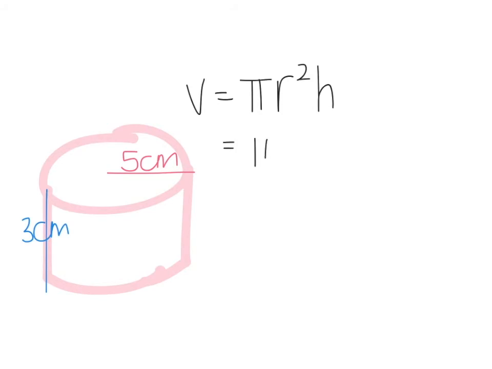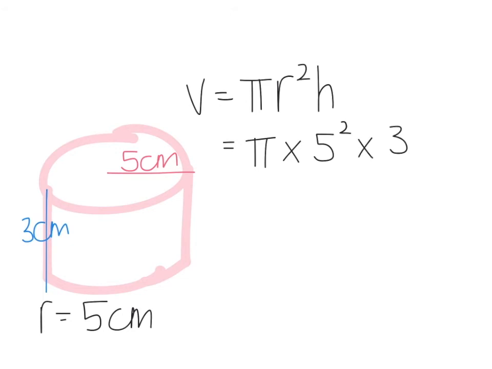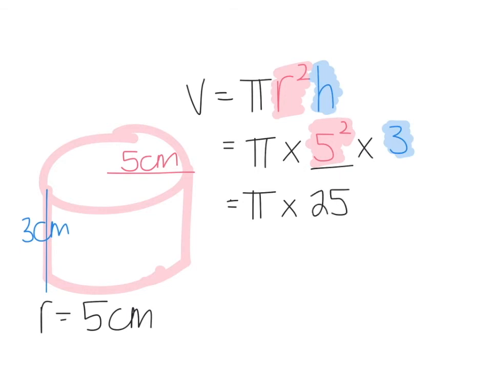So I'm going to do pi times my radius, which is 5 centimetres. So pi times 5 squared times my height of 3. So I'm going to go back, I'm going to colour that 3 in with that H, and my pink, I've got that R, so I've got that in there. So pi times 5 squared is 25, still times 3.